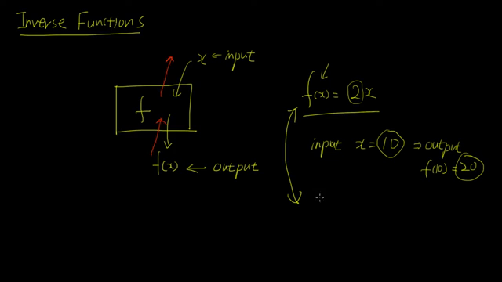So the inverse of f of x, which is equal to 2x, is f inverse of x, which is 1/2 times x, or x divided by 2. Same thing, right?